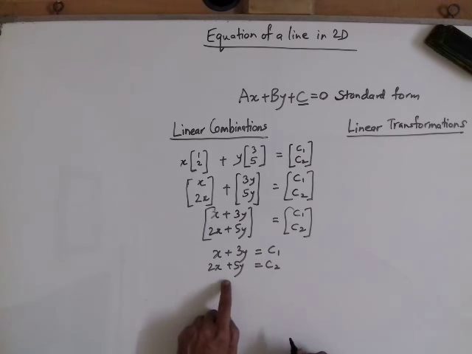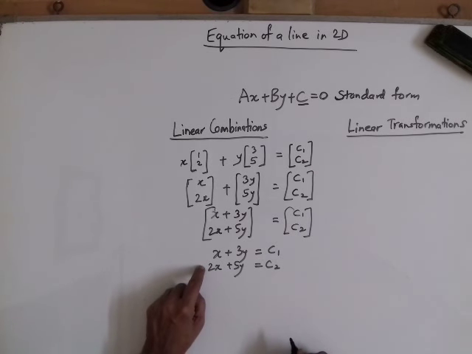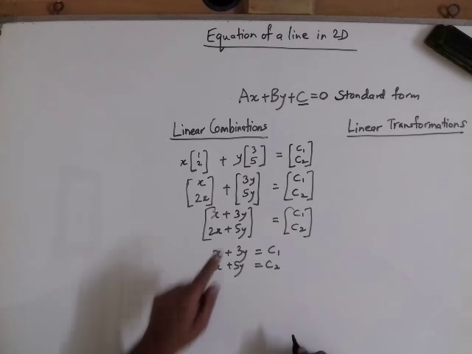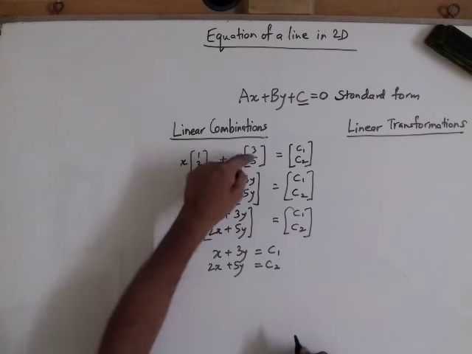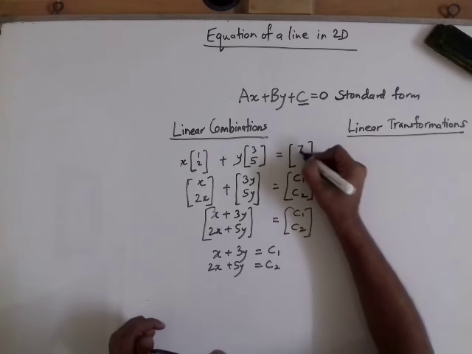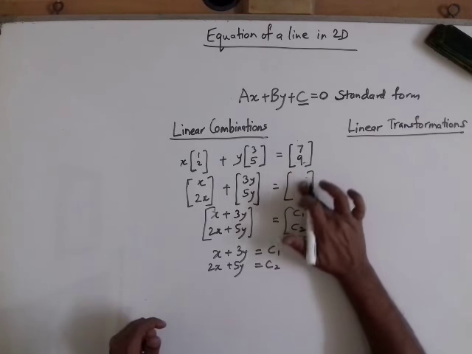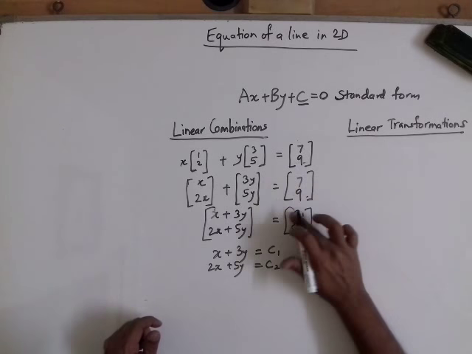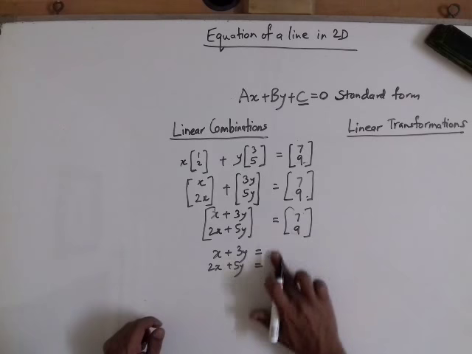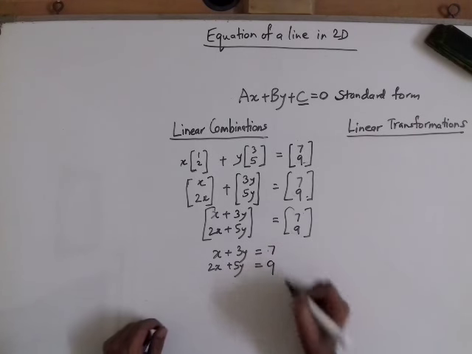And suddenly you go back to school geometry in a way, because now what we are seeing is, given these two vectors and the vector you want them to combine to, let's say this is 7, 9, I now put actual numbers, 7, 9.